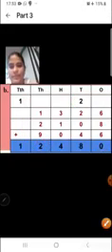Children, in 10,000s place we have only 1 as carry over. So write it directly in the 10,000s place. Our final answer is 12,480. Children, till here we have done the sums from exercise 3.2.